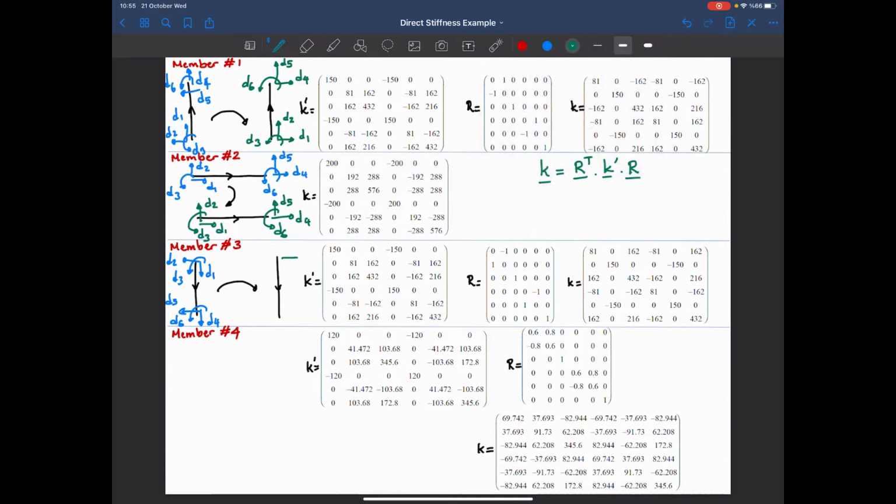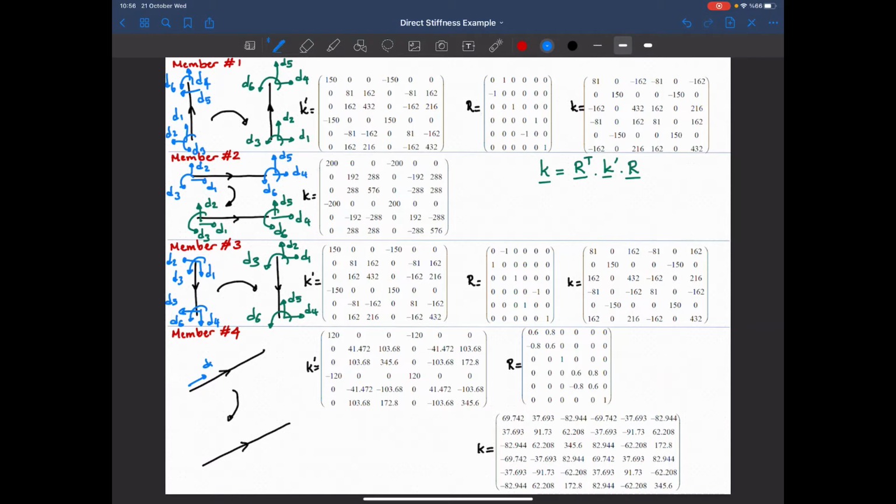D1 will be in the global x direction at the start node, D2 global y, D3, D4, D5, and D6. And let's do the same thing for the inclined member. Again, we will show the transformed degrees of freedom here.